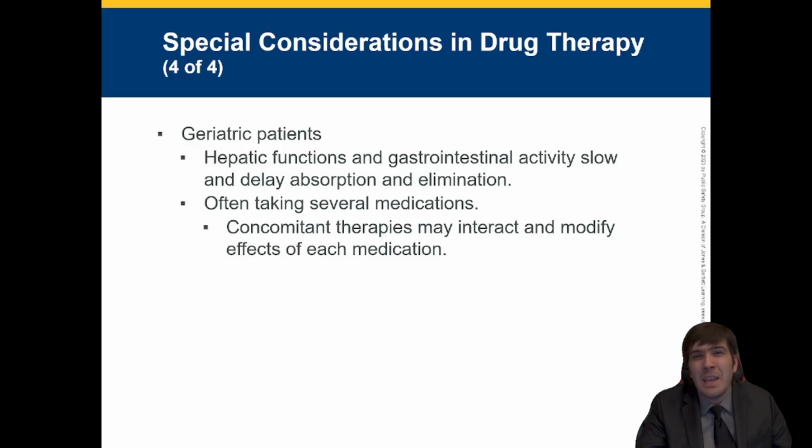They have a whole bunch. They can't even tell you how many they're taking. Or they have sheets upon sheets of different meds that they're all taking right now. These therapies may interact and modify the effects of each medication. It's like a game the doctor has to play to make sure all the drugs work together with one another. And that's just kind of way above anything that we can try to figure out.